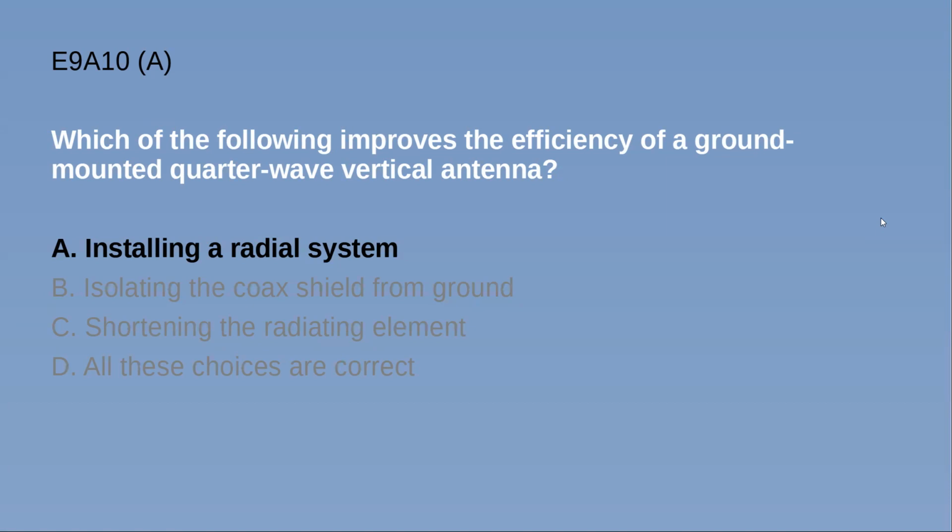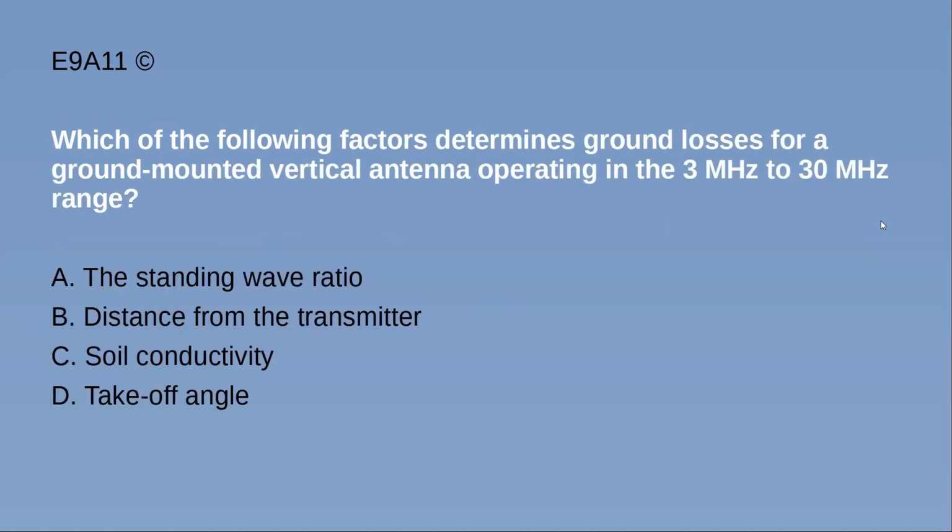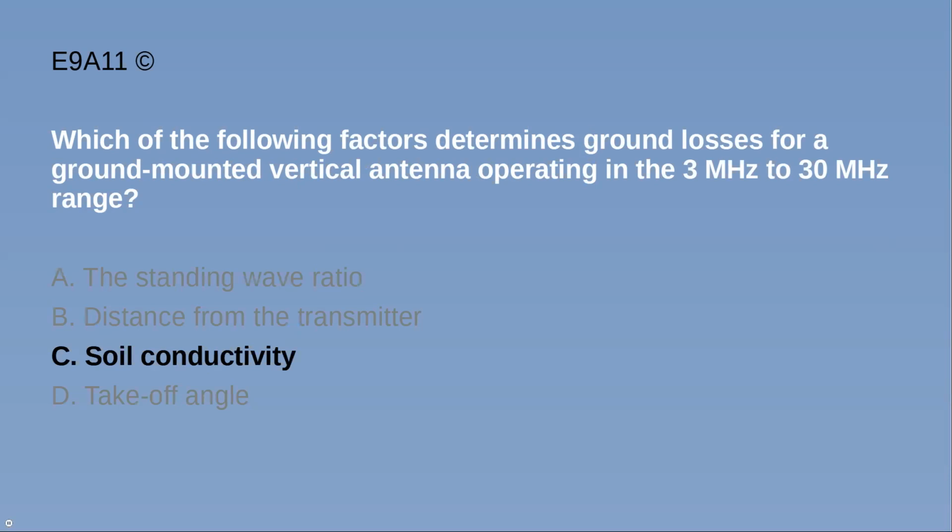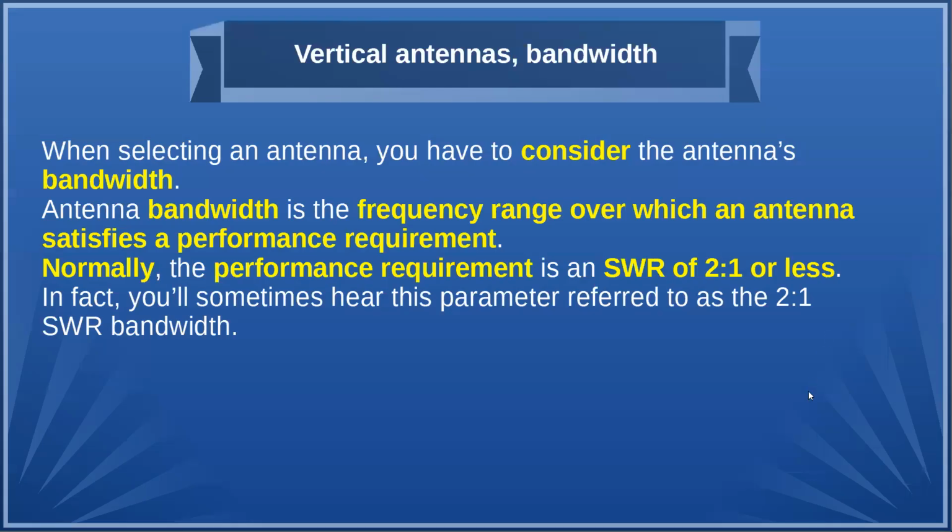He said alpha, I said bond. Which of the following factors determines ground losses for a ground mounted vertical operating in the 3 to 30 megahertz or HF band? Charlie. Very good.